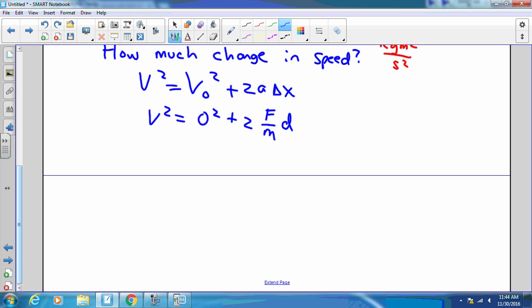But now I observe here this quantity f times d that I already considered the work. So let me isolate that quantity by dividing both sides by 2 and multiplying both sides by m. When I do, I get m times v squared times a half, here's dividing by 2 for you, equals f times d, which is the same as the amount of work that was done.